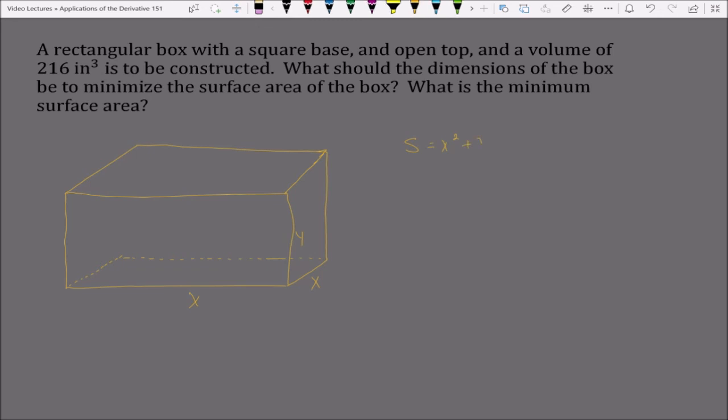So that'll be plus 4 times x times y. Volume of the box would be given by x squared times y. And we're told that has to be 216. Solving for y, we get y is 216 over x squared.